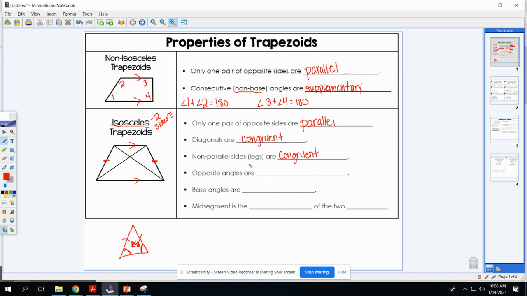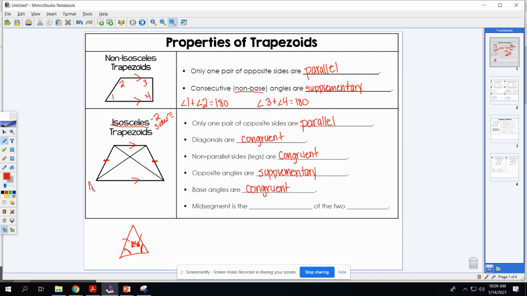All right, opposite angles. Opposite angles in a trapezoid are supplementary. Base angles are congruent.